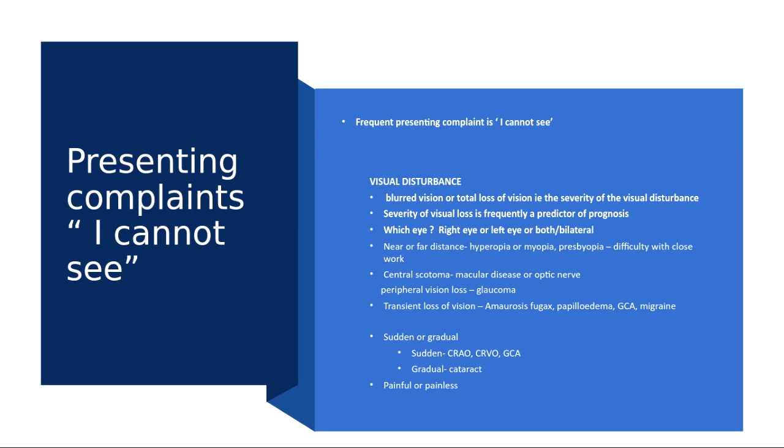If the blurred vision is just in the center, then you're thinking of macular disease or optic nerve disease. If the visual loss is in the periphery, right? So if they have peripheral vision loss, they can't see things to the left or the right until the object is almost right in the center of their vision, then you're thinking more of something like glaucoma or retinitis pigmentosa.